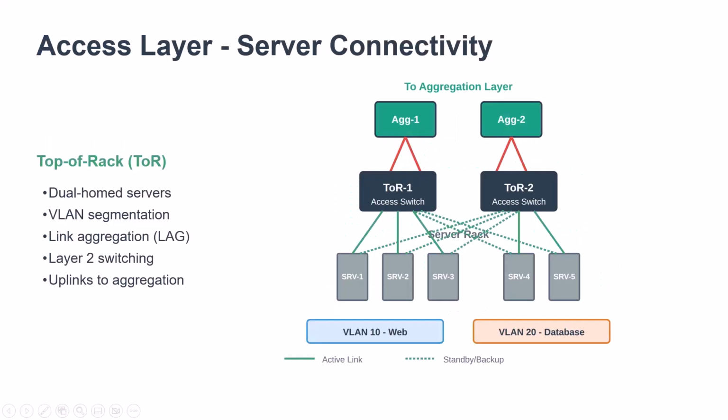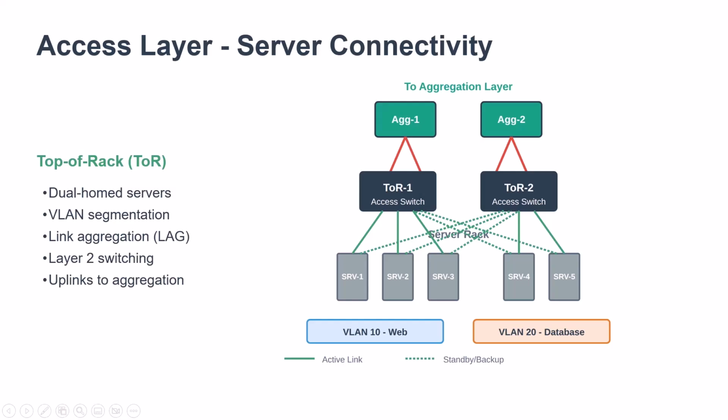Let's break down each tier, starting from the bottom and working our way up. The access layer is where servers physically connect to the network. These are your top-of-rack switches, often called TOR switches, sitting at the top of each server rack.